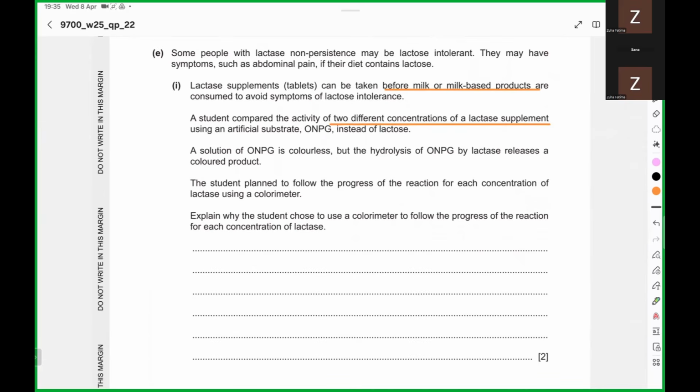A solution of ONPG is colorless, but the hydrolysis of ONPG by lactase releases a colored product. So the substrate is colorless, but after hydrolysis, the product is colored.